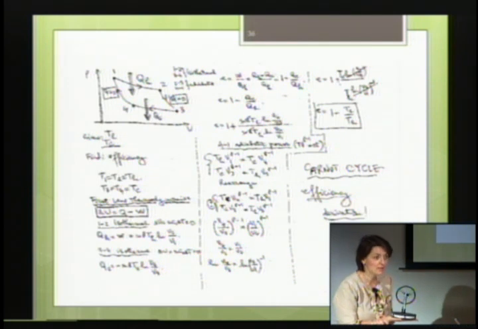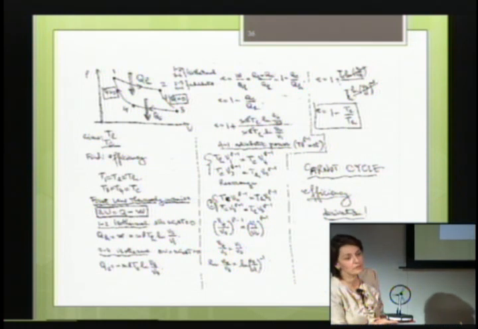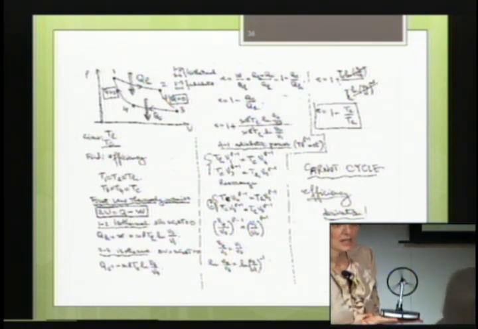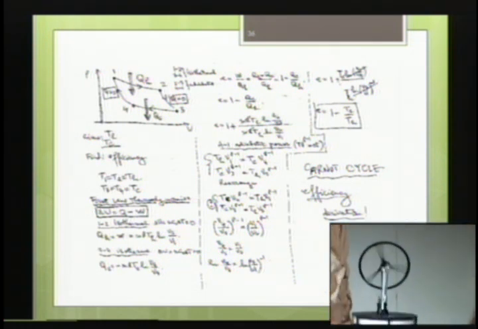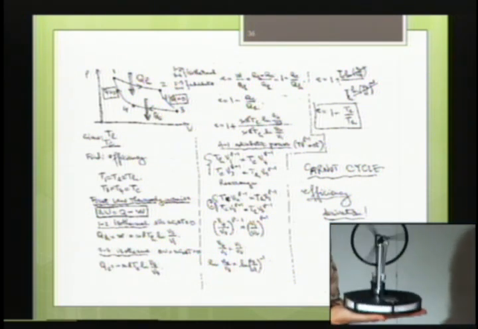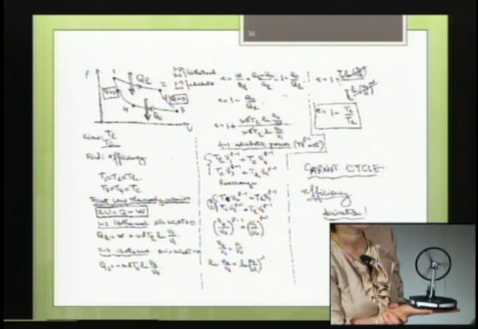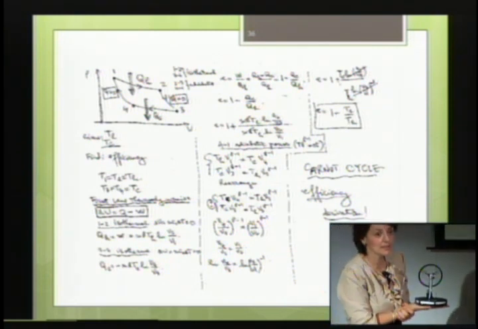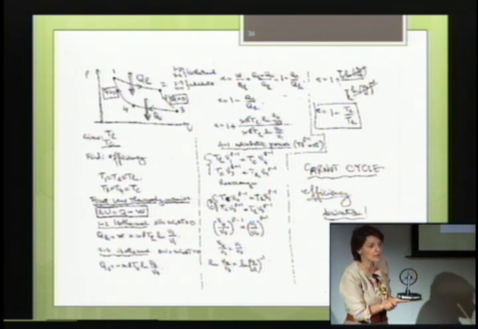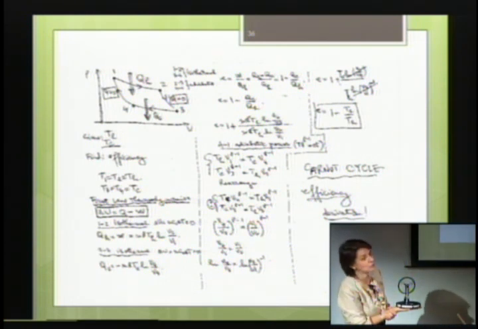Iso, meaning the same, thermal. Temperature, very good, okay. 2, 3 is an adiabatic. Do I have any heat coming in my system or not? Look, it says in the box on 2, 3 in the diagram. Q equals 0, you see, on 2, 3?